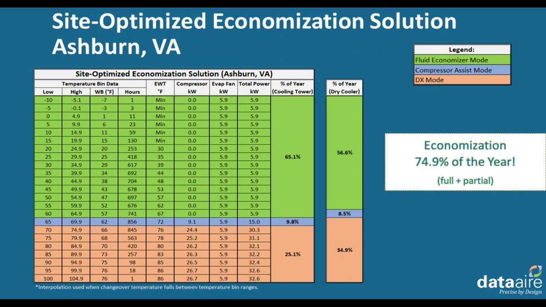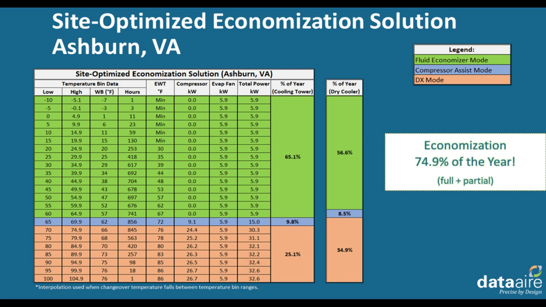So looking at this, I know there's a lot of data here. The first few columns are just that bin data brought into this table. So as you'll see, you have the low and high temperature ranges in columns 1 and 2, and then you have the wet bulb temperature and number of hours that this site experiences those temperatures.